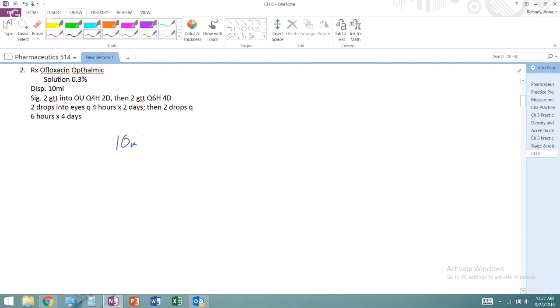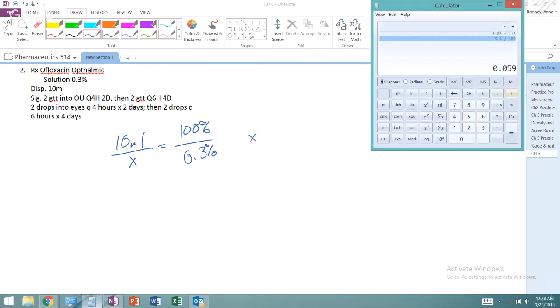So do it proportion-wise. We know that the whole entire thing is 10 milliliters, that that is 100% at 10 milliliters, and we know that we have 0.3%. So cross multiply, which is 10 times 0.3, and then divide by 100.